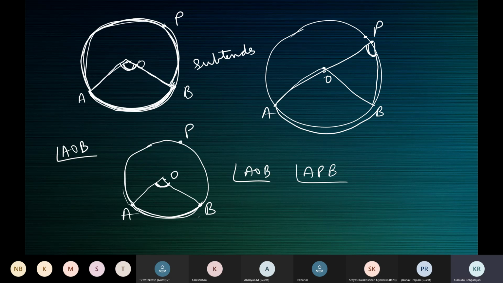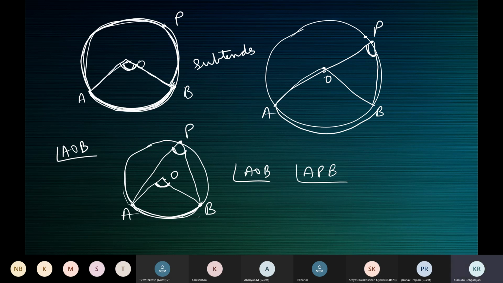We take a point P on the remaining part of the circle. Join A to P and B to P to identify this angle, which is subtended by the same arc AB at the point P on the remaining part of the circle.